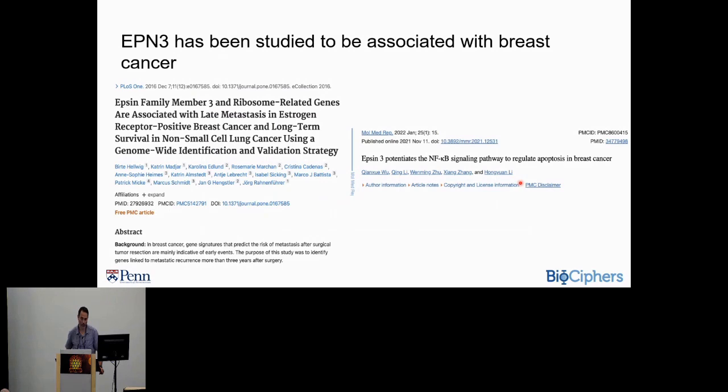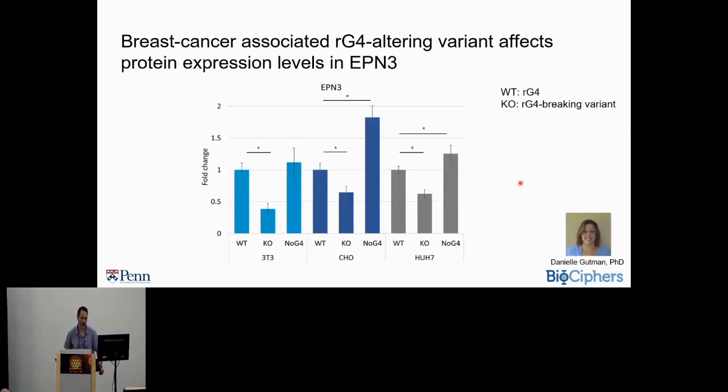And then we did dual luciferase assays. This was done by Danielle Gutman, who's here, a postdoc in the lab. She did all the experiments. And you can see very clear effects on protein levels when we compare wild type to the knockout. And these are 3 different cell lines.